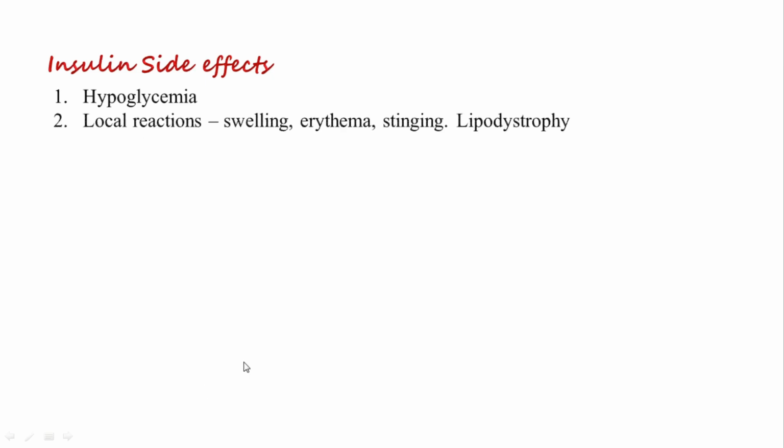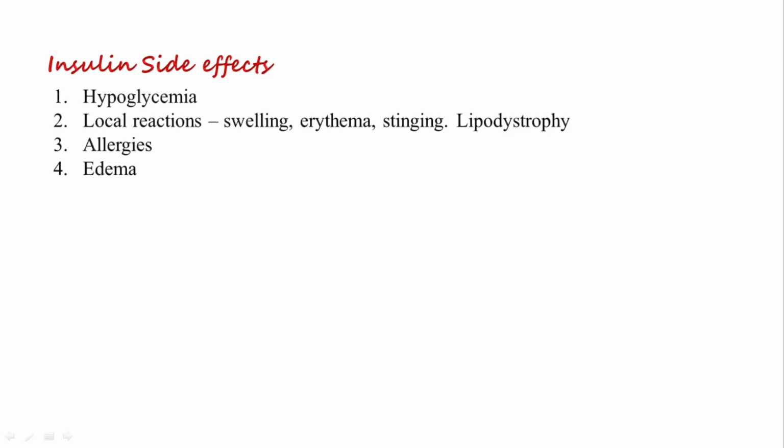Simple, simple. The other reactions that are known to happen are local reaction, allergies, and edema. Local reactions in the form of swelling, erythema, and stinging can happen at the injection site, especially before the patient gets used to those pricks. They complain of these local reactions a lot. We have also heard about this word called lipodystrophy.